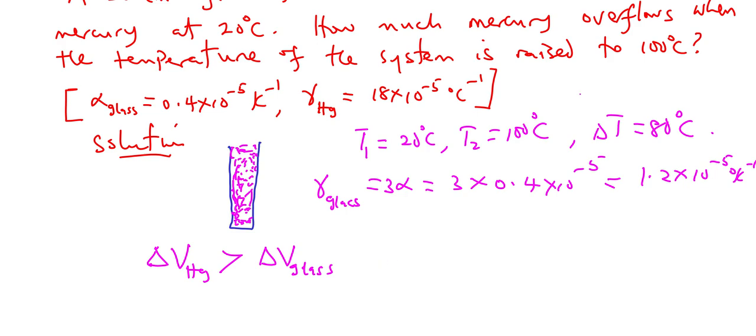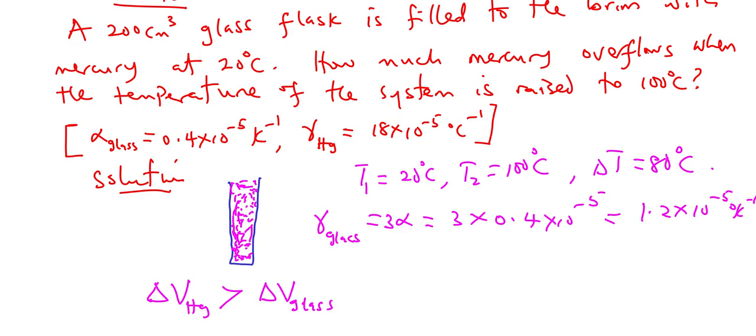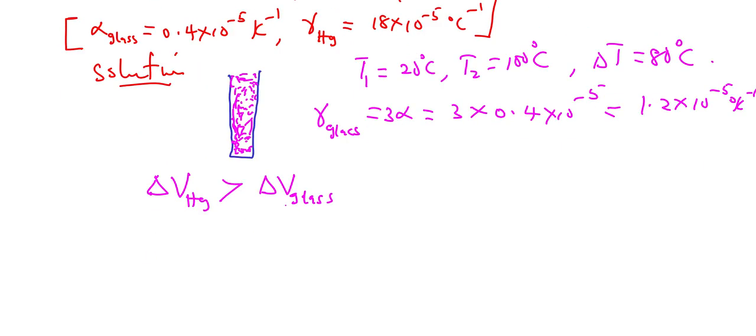The question says how much mercury overflows when the temperature of the system is raised to 100 degrees Celsius, because mercury will expand faster than the glass. So the difference between the volume change of mercury and that of the glass will be the volume of mercury that will overflow.